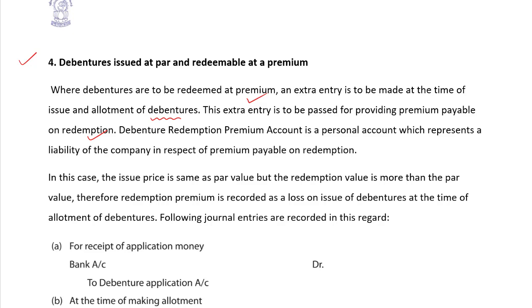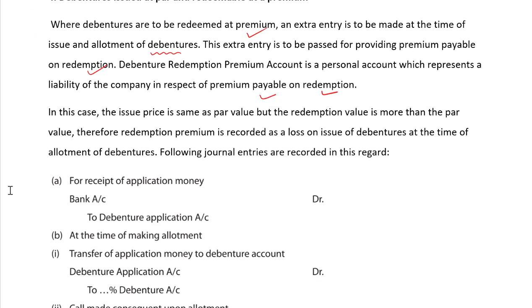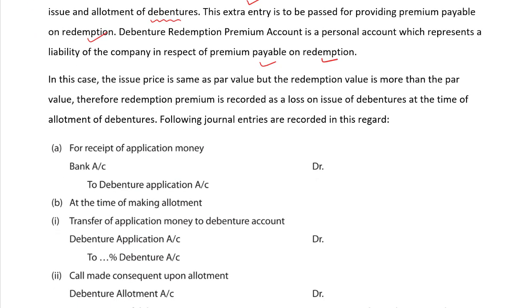Debenture redemption premium account is a personal account which represents a liability of the company in respect of premium payable on redemption. In this case, the issue price is the same as par value, but the redemption value is more than the par value. Therefore, redemption premium is recorded as a loss on issue of debentures at the time of allotment of debentures. Following journal entries are recorded in this regard.